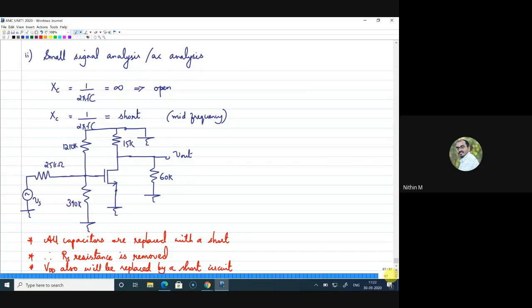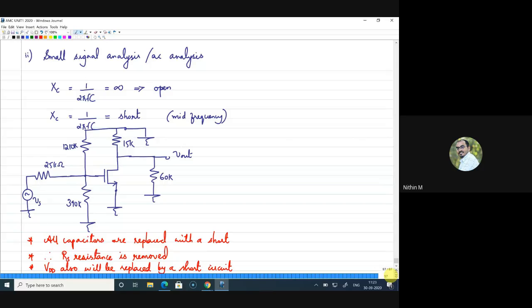All right. Others? Yeah. So two things to note here. One is, you have to replace the independent sources, the DC sources, with a short, with the understanding that even for small signal operation DC is required, but for the ease of our analysis, when we look only at the small signal or the varying components, no need to consider DC.